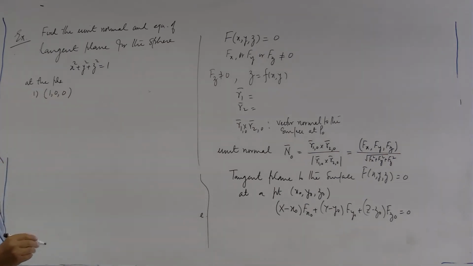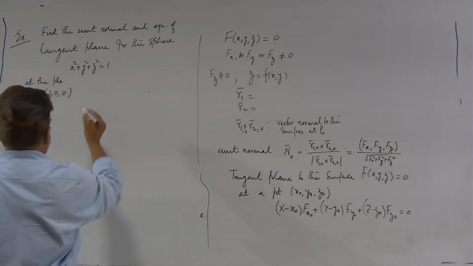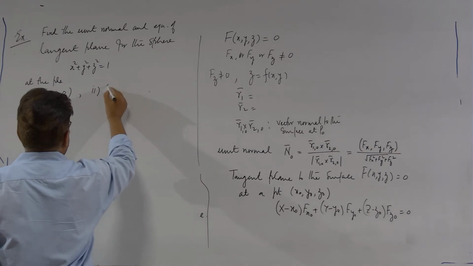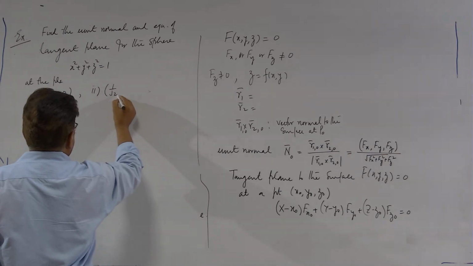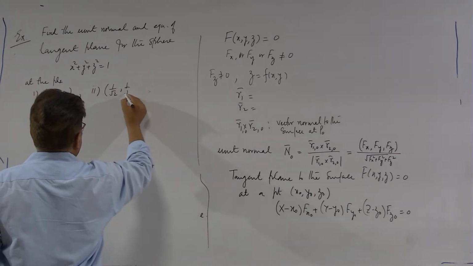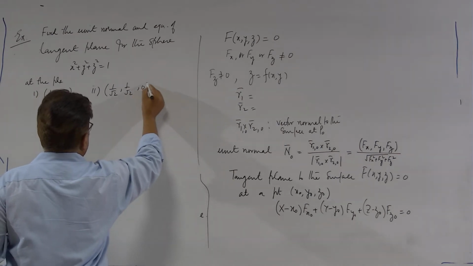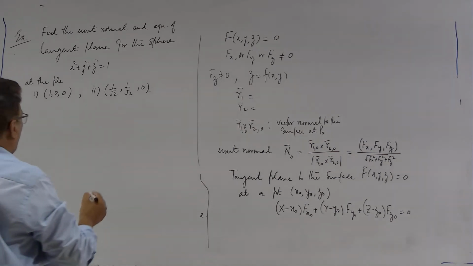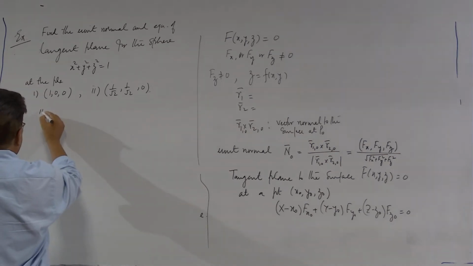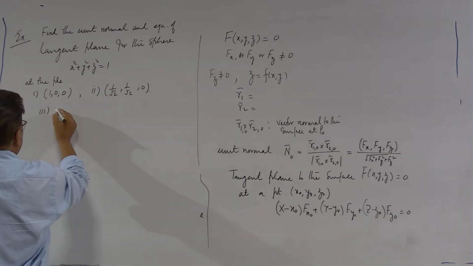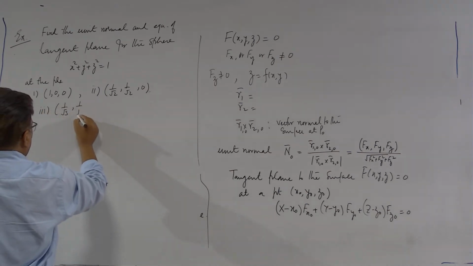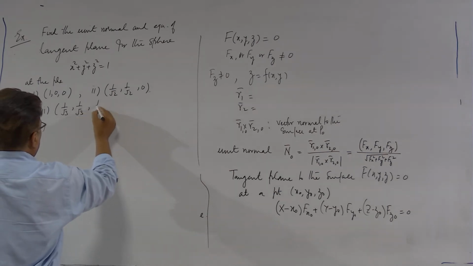This point lies on the sphere. You can also consider the tangent plane at the point (1 upon root 2, 1 upon root 2, 0). You can see this lies on the sphere, and you can also consider some other points like (1 upon root 3, 1 upon root 3, 1 upon root 3).